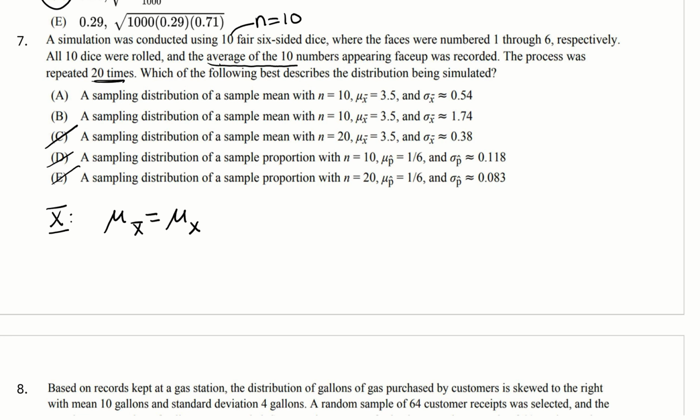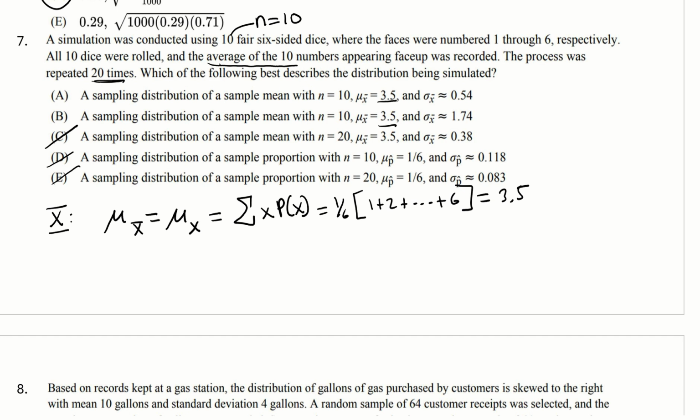So what's the average of the numbers on a die? Well, we did that earlier in the previous question, but remember we calculated by doing this, right? Which was 1 sixth times 1 plus 2 all the way to 6, right? So we did that earlier, so go back to that previous question, and we got 3.5, okay? So it has to be 3.5, so far both of these have that.